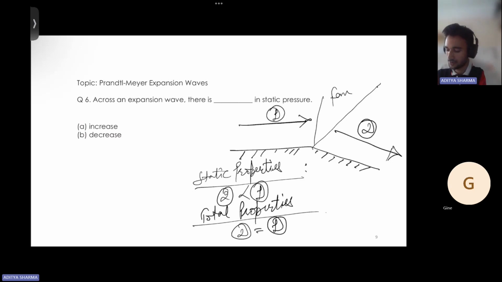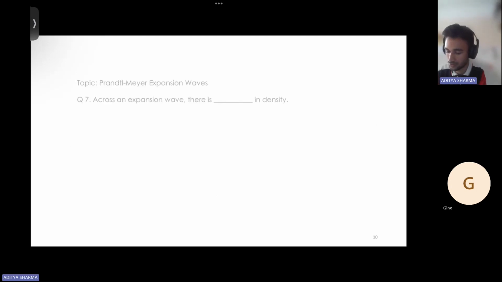For the total properties, there is no change. So across an expansion wave, there is a decrease in static pressure. All right. Okay, this you know, right?